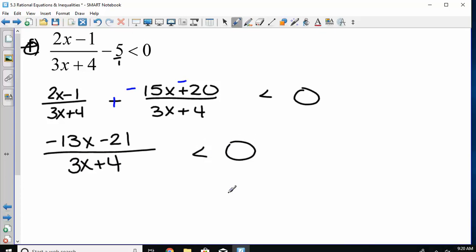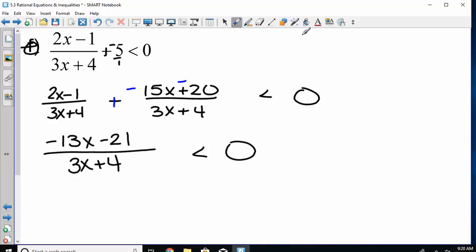Why would the 20 be negative? Because it's almost negative 5. If you took negative 5 times 3, it's negative 15. Negative 5 times 4 is negative 20. Wait, no. I had it that way, but I changed it.